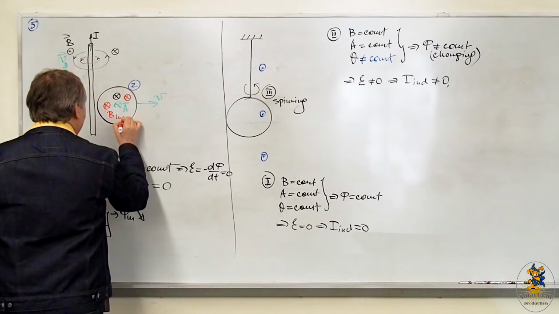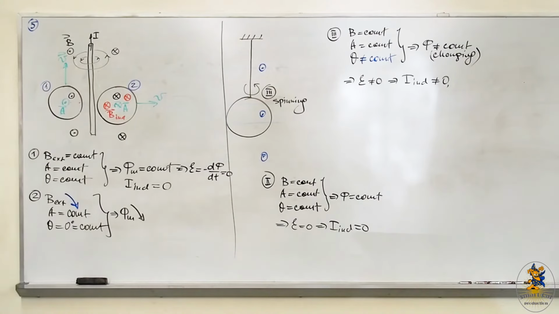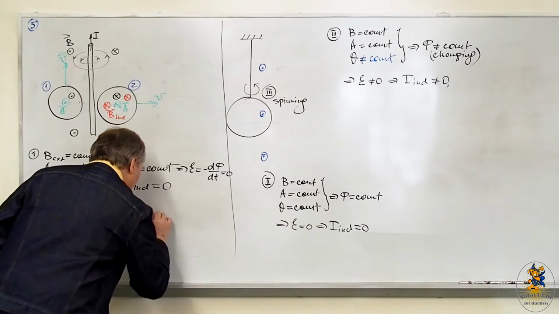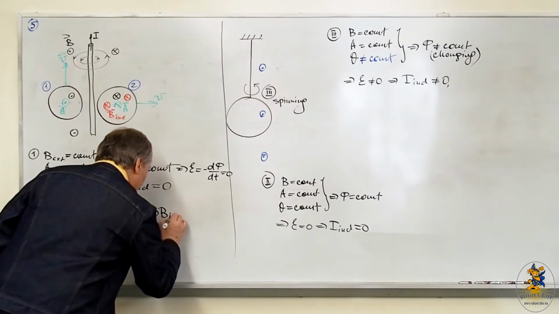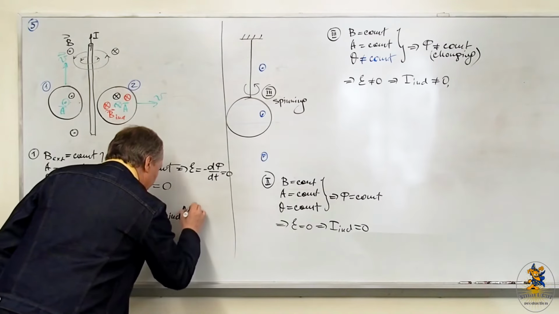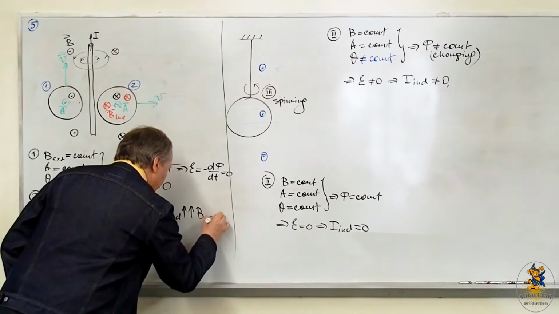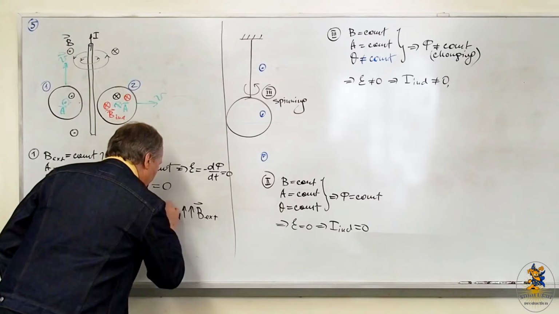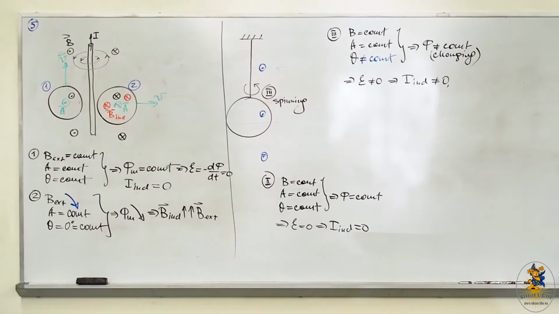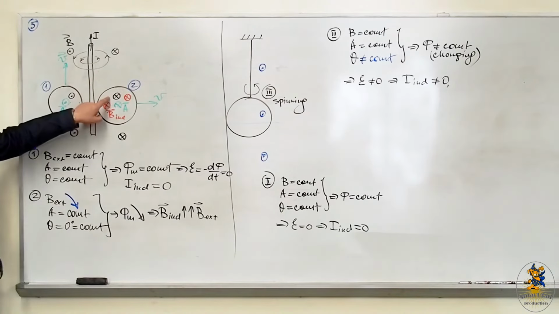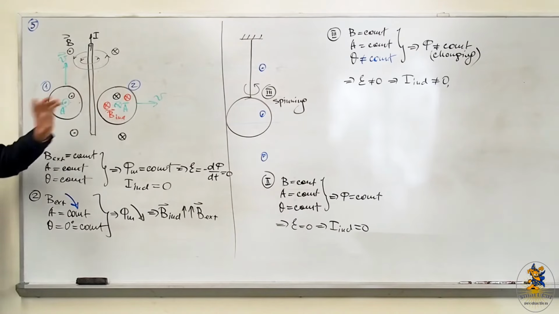The induced magnetic field will be in the same direction as the external magnetic field. External magnetic field, you see that black cross in, induced also in the same direction.